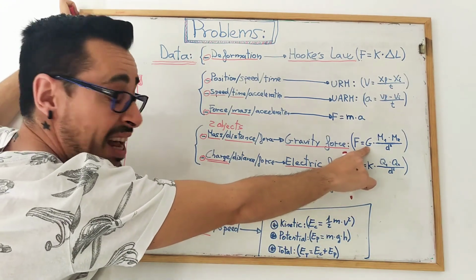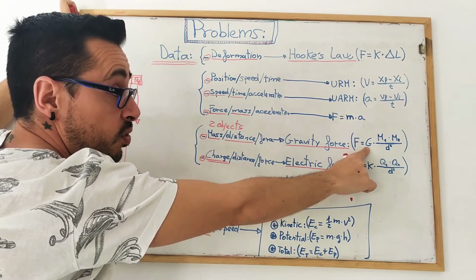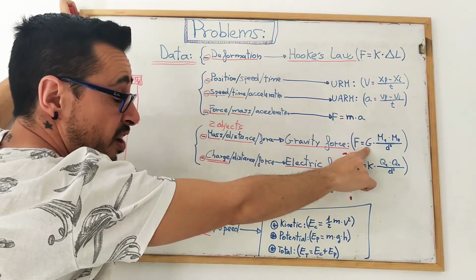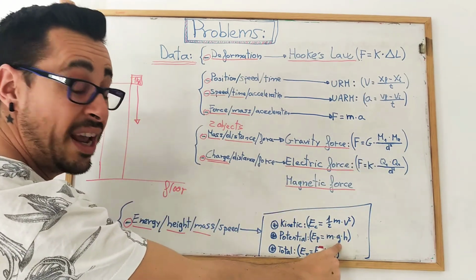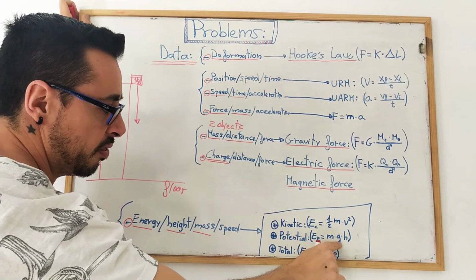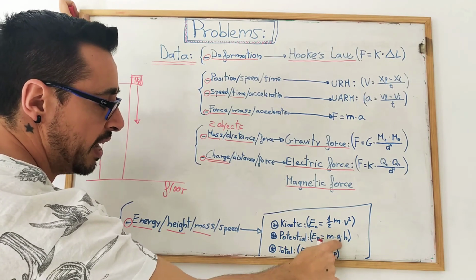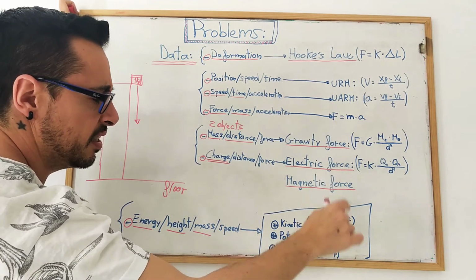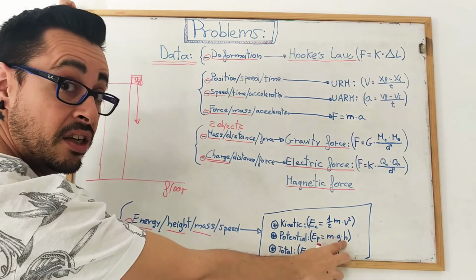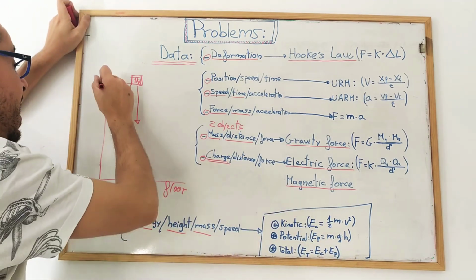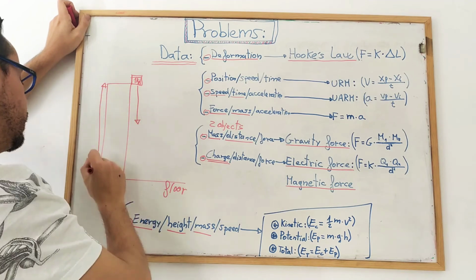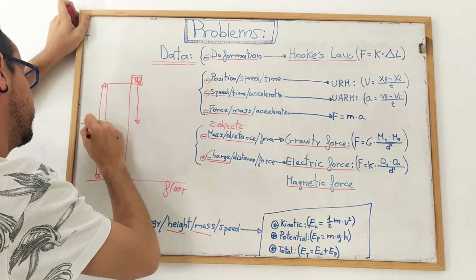This is the universal gravity constant, which is for everywhere, and this one is gravity on Earth. In this case, we are on Earth. This is 9.8, or no, 9.98. And the height is going to be the height of the building, which is maybe 20 meters.